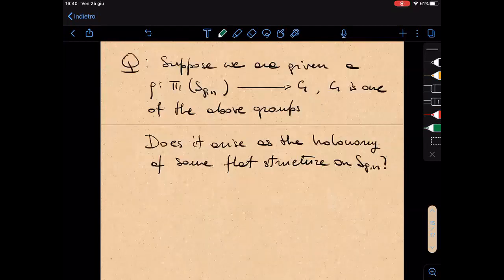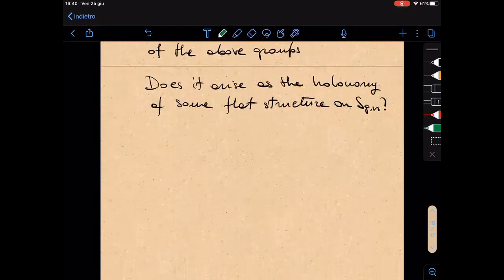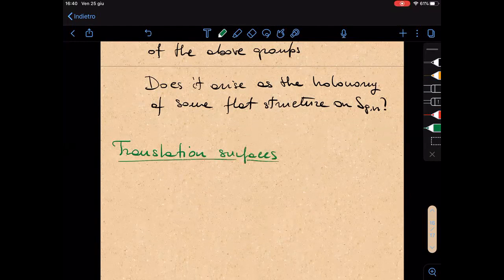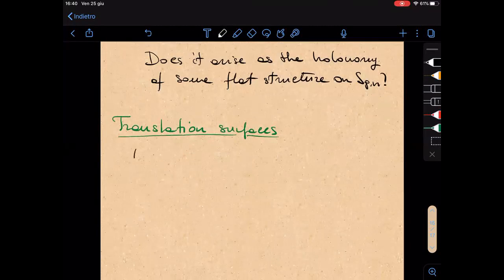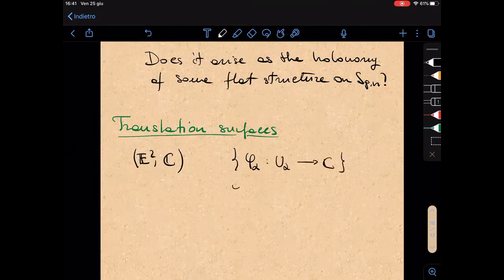So first, let's start with translation surfaces. Translation. Okay, so here we have E2, C, and so we have this atlas phi alpha from U alpha into C. Transition functions are just translations, where c is just some complex number.